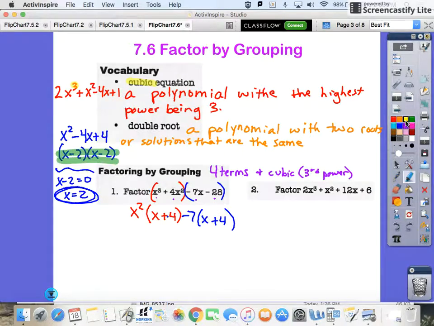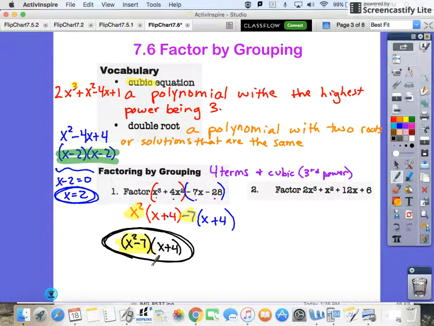So then what we do is we take these 2 that we pulled out, and they get their own parentheses. And then this gets rewritten once, x plus 4. You do not write it twice.